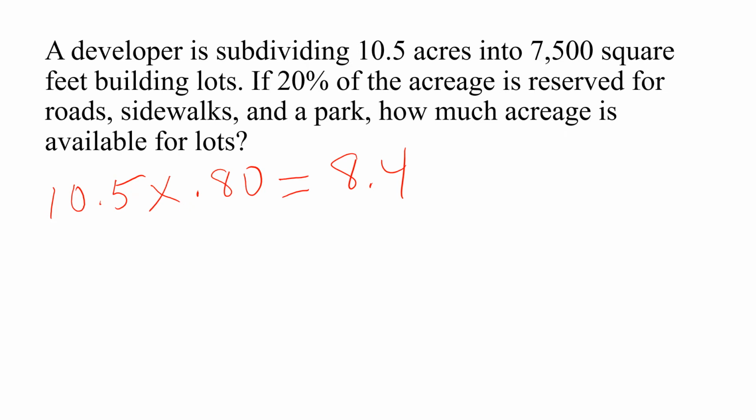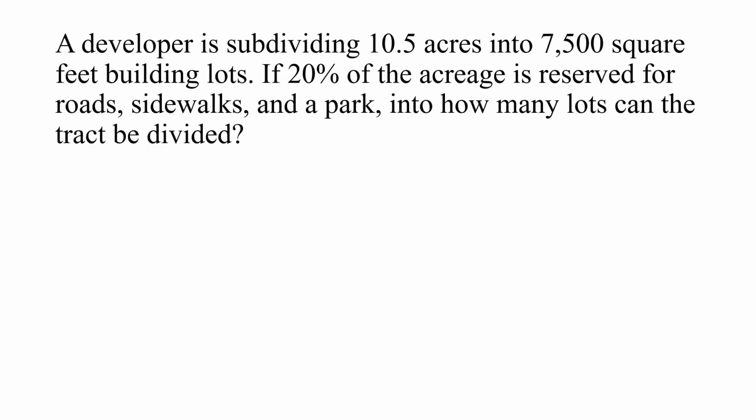Okay. A developer is subdividing 10.5 acres into 7,500 square feet building lots. If 20% of the acreage is reserved for roads, sidewalks, and a park, how many lots can the tract be divided into? Well, this is the previous question, right? So we know we had 8.4. So we know that 10.5 times 0.8 is 8.4.